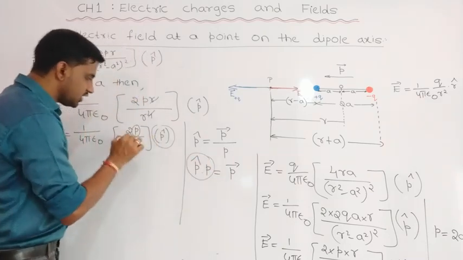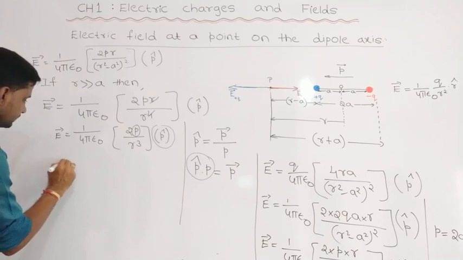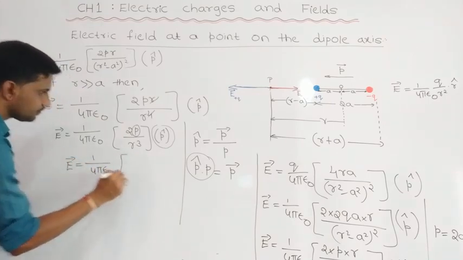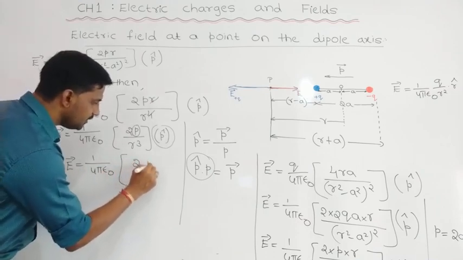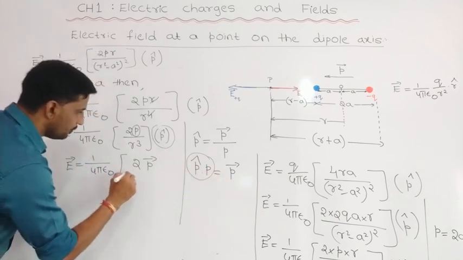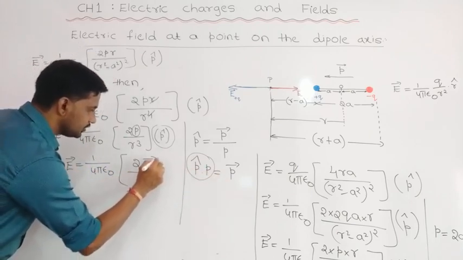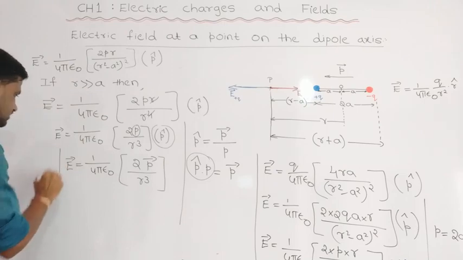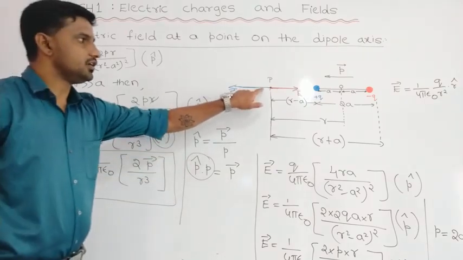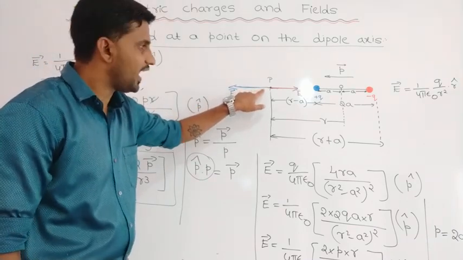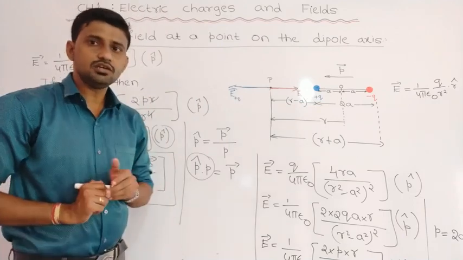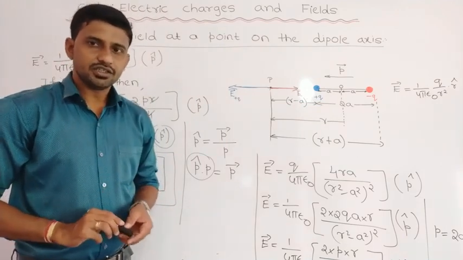If I substitute this here, then finally I will get the expression E vector is equal to 1 by 4 pi epsilon naught, 2 p vector divided by r cube. Okay, so this is the expression for electric field at a point P on the dipole axis due to the electric dipole. This is a very important derivation.